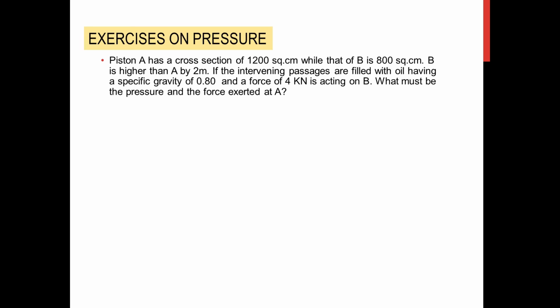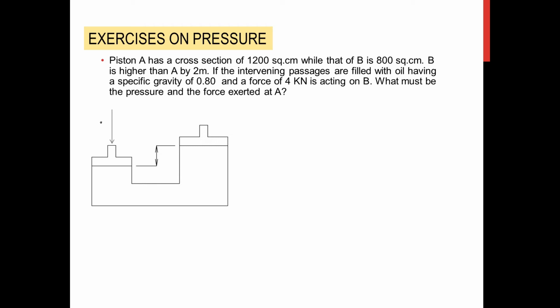Piston A has a cross-section of 1,200 square centimeter, while that of B is 800 square centimeter. B is higher than A by 2 meters. If the intervening passages are filled with oil having a specific gravity of 0.8 and the force of 4 kilonewton is acting on B, what must be the pressure and the force exerted at A?